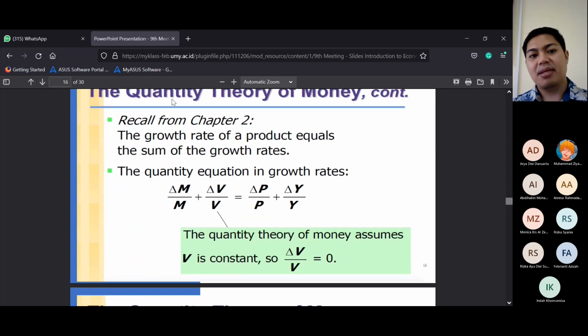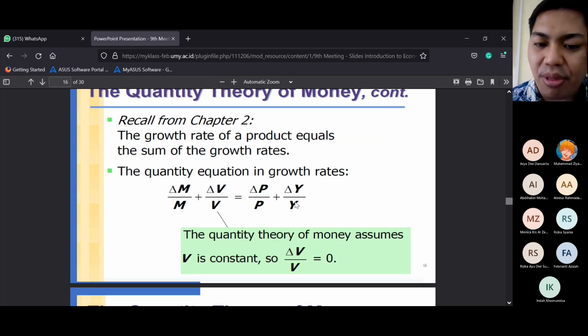So here, the growth of a product equals the sum of the growth rates. If you change into growth: delta M over M plus delta V over V equals delta P over P plus delta Y over Y. Here is the money supply growth. Here is the velocity growth. Here is inflation, delta P over P, and delta Y over Y is economic growth.